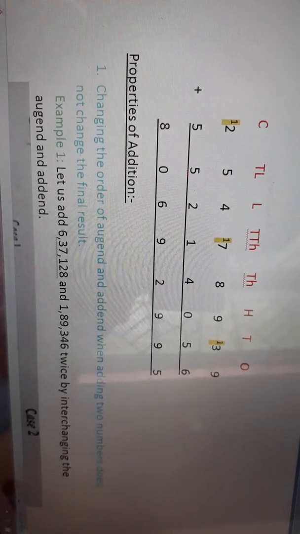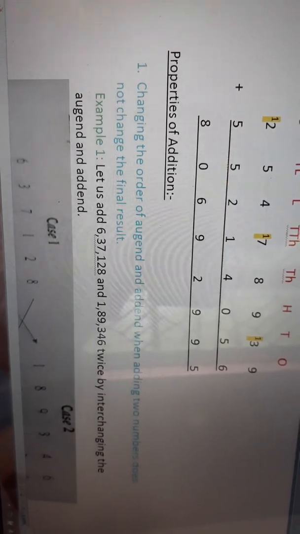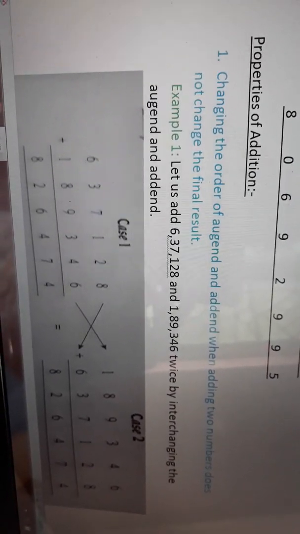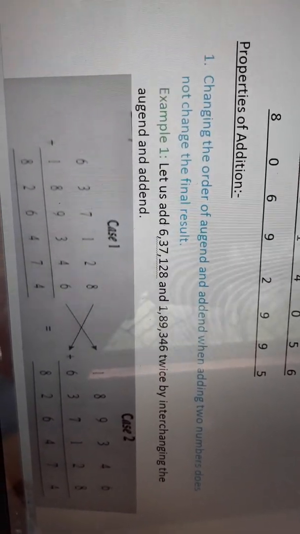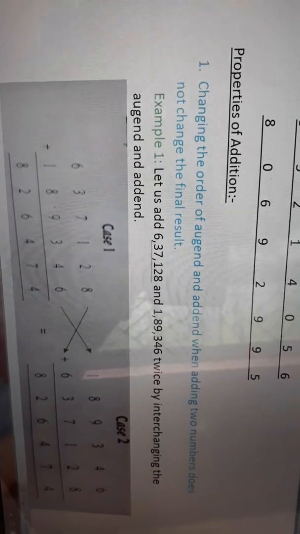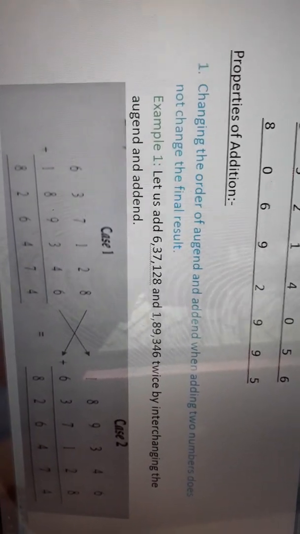We will add these two numbers twice. Like in the first case, you see, the 6,37,128, that number I have written in the augend place, and 1,89,346, that value is in the addend place. So if you add, this is the result we will get.